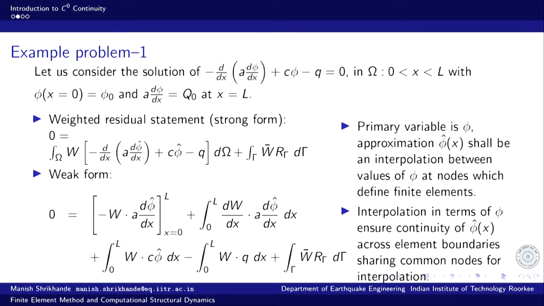So, the variable of interpolation is common, and in an interpolation model of approximation, as we know, the function value is retained. For the element on the left hand side of a node we have some function value, and the same function value is enforced for the element on the right hand side at the common node. Therefore, the function value is common, and the approximation remains continuous.